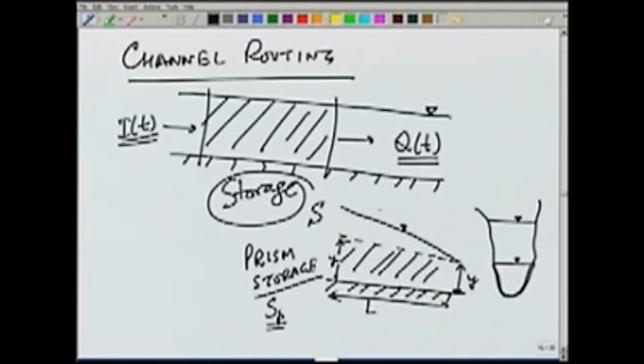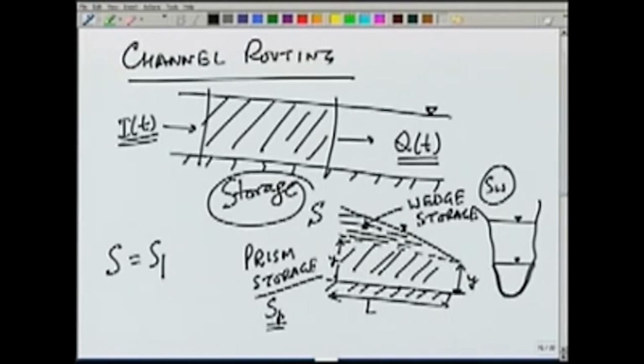The other portion which is above the prism and below the water surface up to the water level is in the shape of a wedge and is called wedge storage or S W. So, the total storage in the channel will be a sum of the prism storage and the wedge storage.